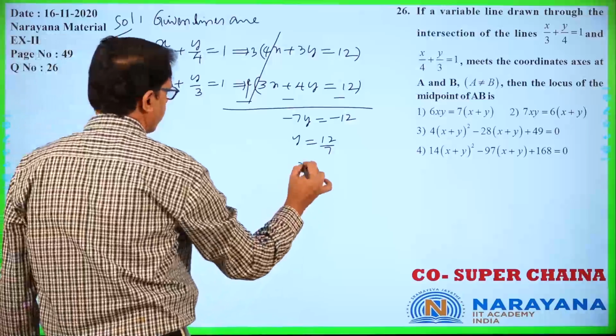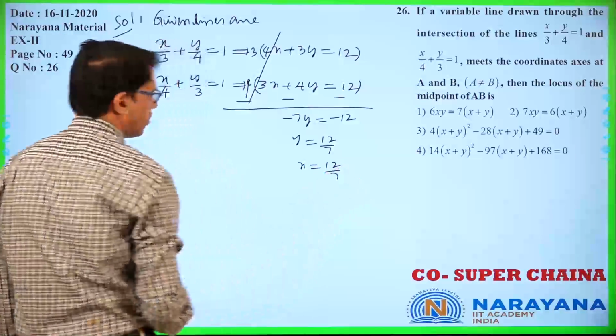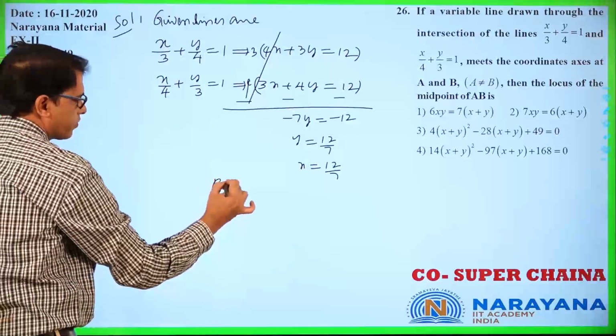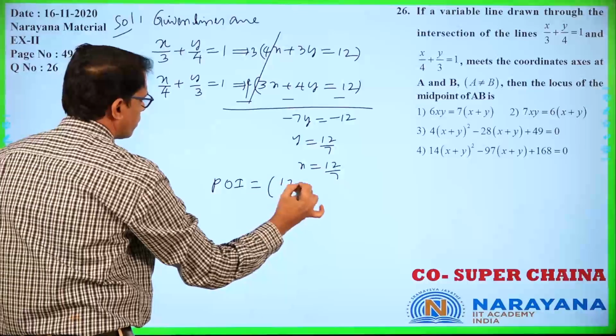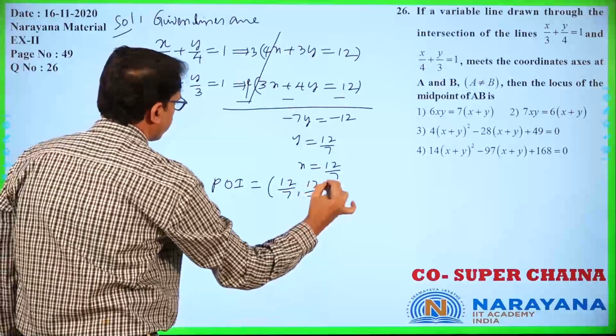So the point of intersection is 12 by 7, 12 by 7.